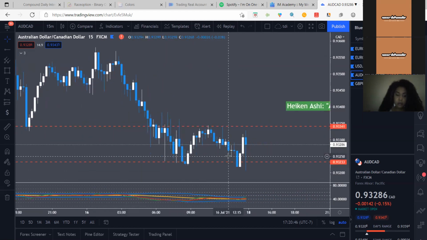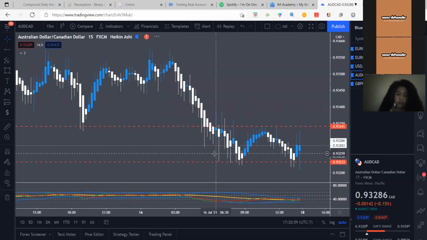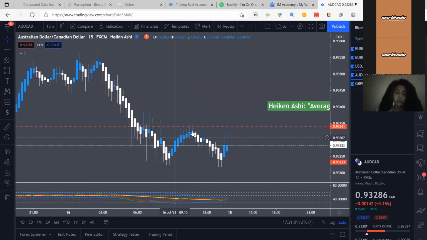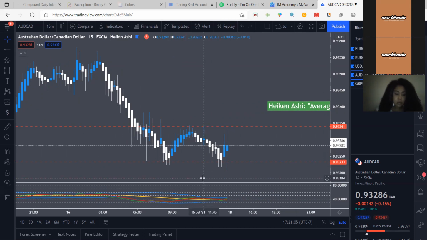Again, my white ones are buys, blue ones sells is flipped. Okay. But you see all this noise in the wicks, and look to see how Heiken Ashi kind of signifies the same thing, but still tells you who has control of the market.